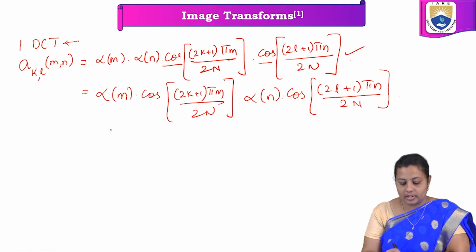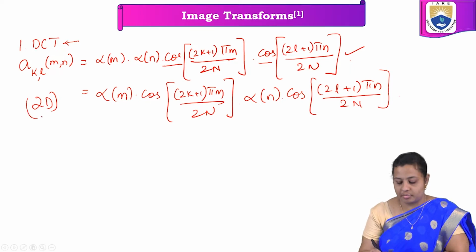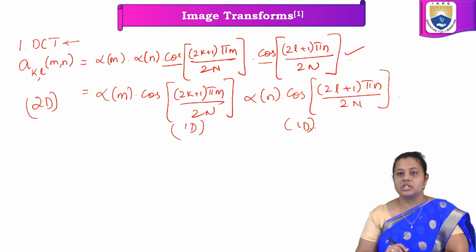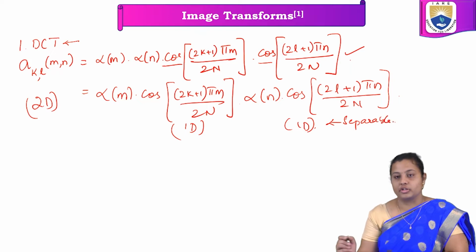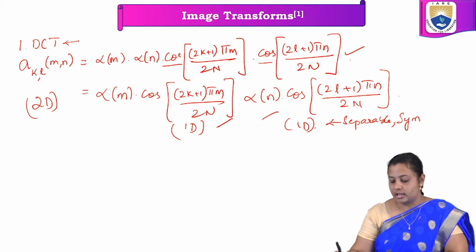We have said that a 2D coefficient matrix can be represented as the multiplication of two 1D functions. So DCT is separable. If we observe clearly, both 1D functions have a similar definition, so we also call it a symmetric function.